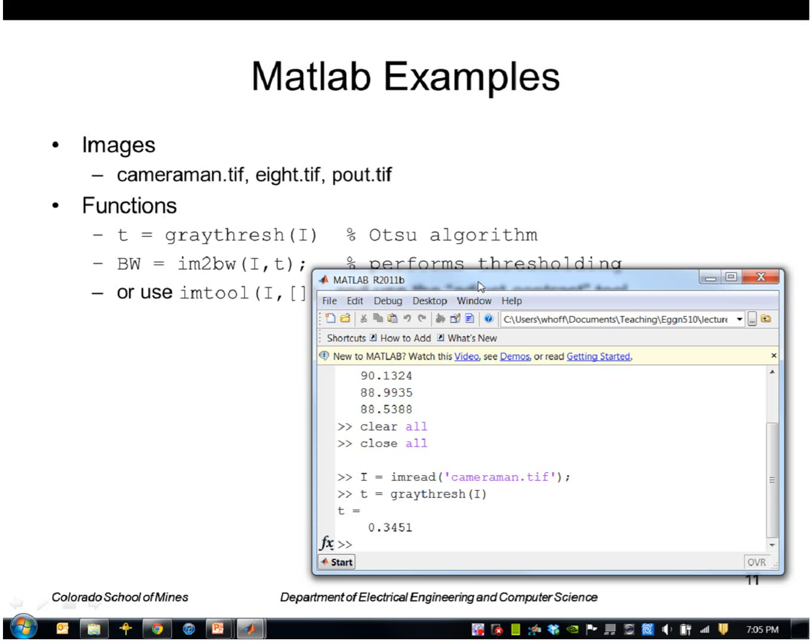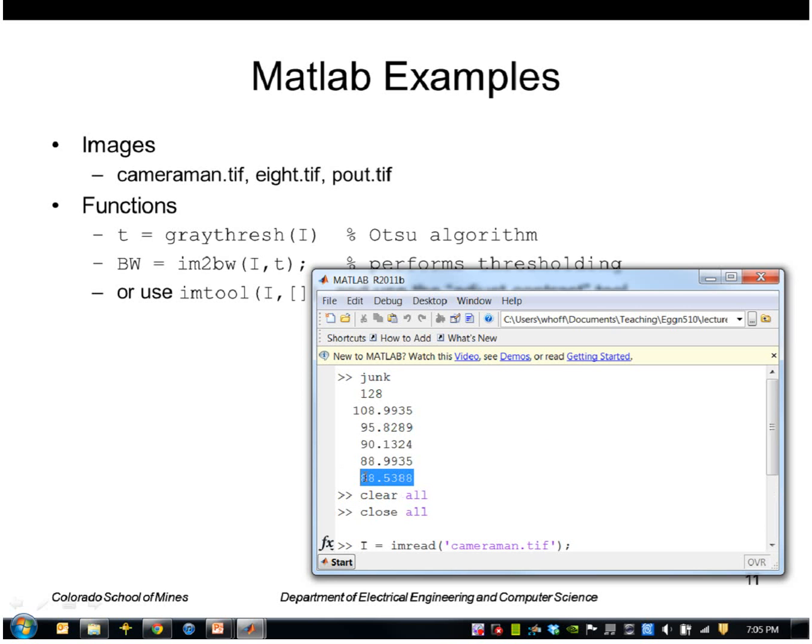So if I want the actual gray level pixel intensity, I would need to multiply that by 255. So that computes a threshold of 88, which is similar to what I had before, well, I had 88.5.